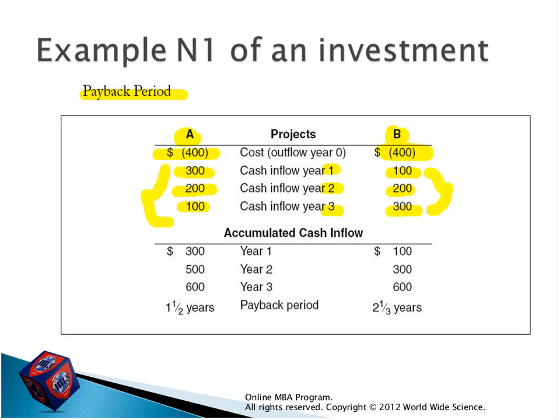In the first year, for example, it's only 100. So based on this cash flow statement, you have to analyze and evaluate the two projects and tell me which is the best project for the company in terms of profits and investments.